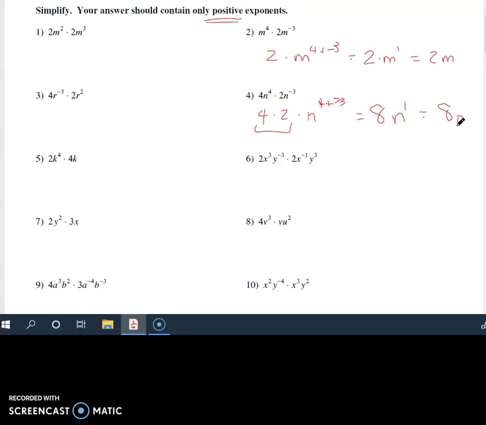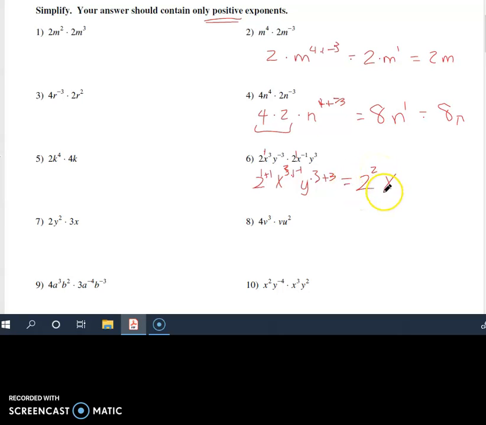In problem 6, we definitely have 2's, we have x's, and we have y's. For the 2's, we have 2 of them, so we have 2 with 1 plus 1. For the x's, we have 3 plus -1. And for the y's, we have -3 plus 3. We add the exponents. So the final exponent on the 2 is the second power.